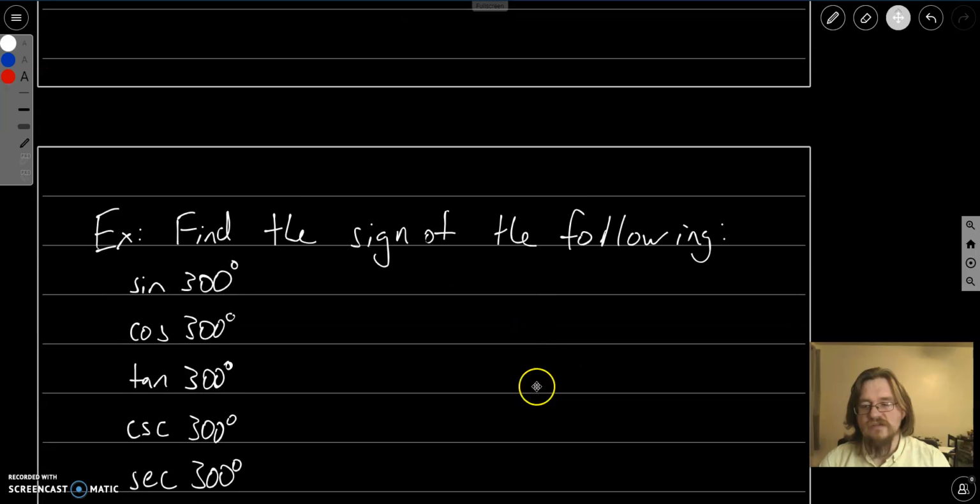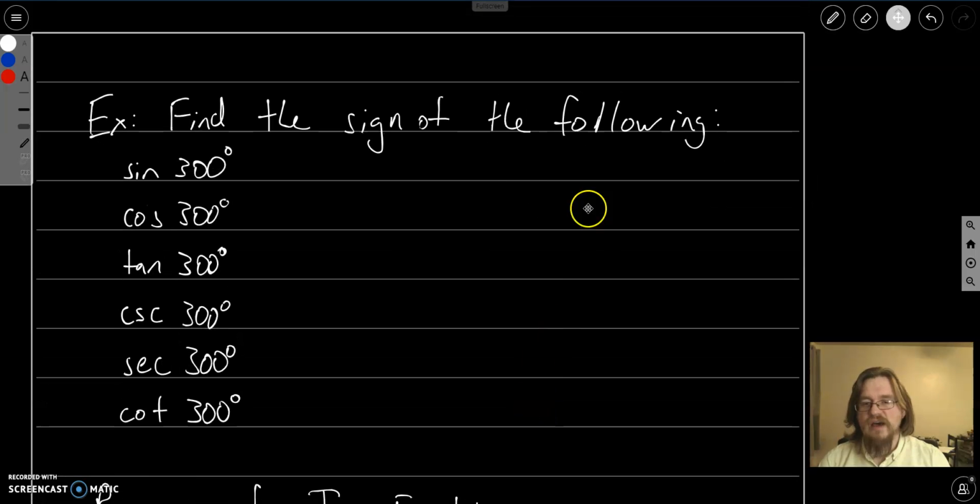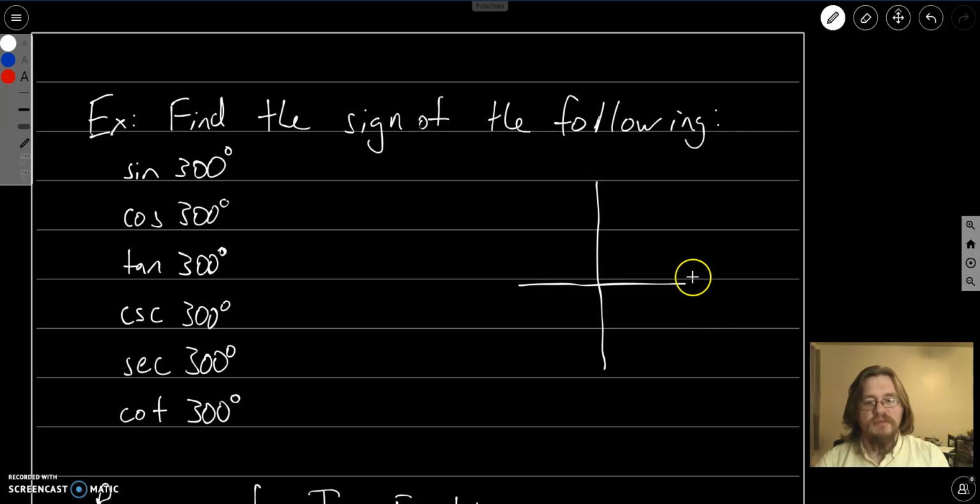So let's do an example. Let's find the signs of all the following. We've got sine of 300, cosine of 300. It's just the 6 trig functions evaluated at 300 degrees. So let's figure out which quadrant 300 degrees is in. If we draw our little picture, 0 degrees is going to start right here, pointing to the right.